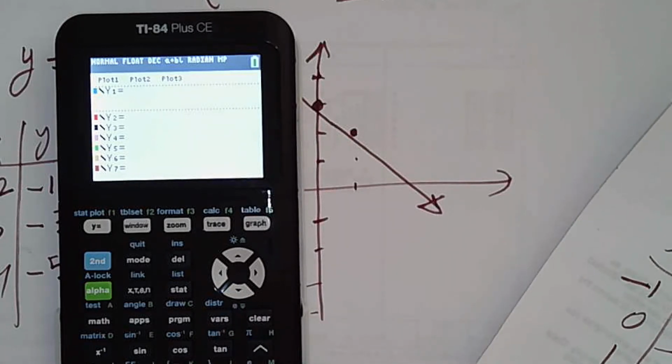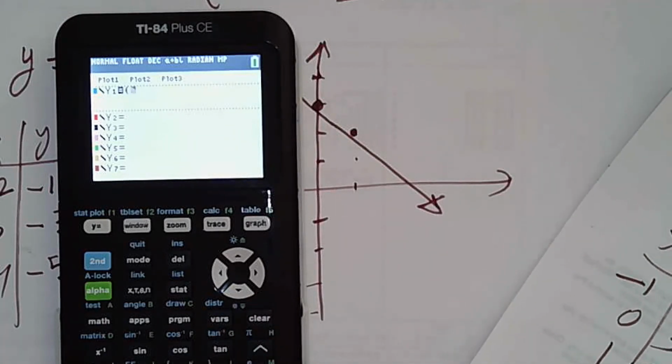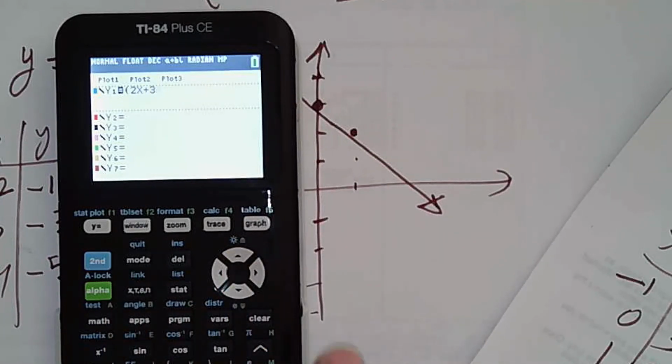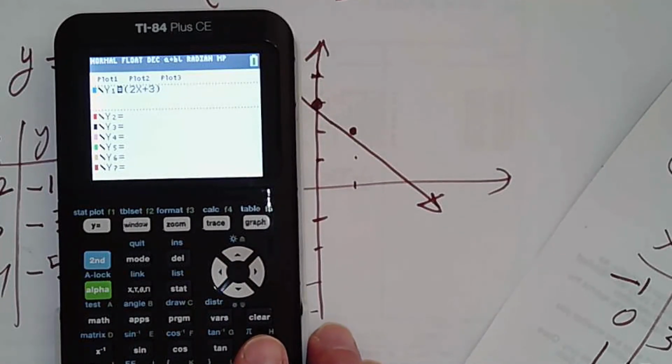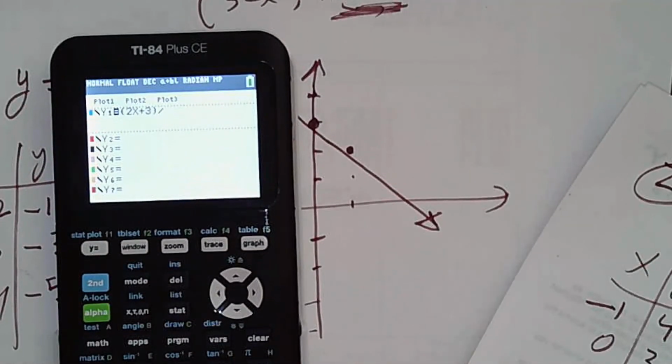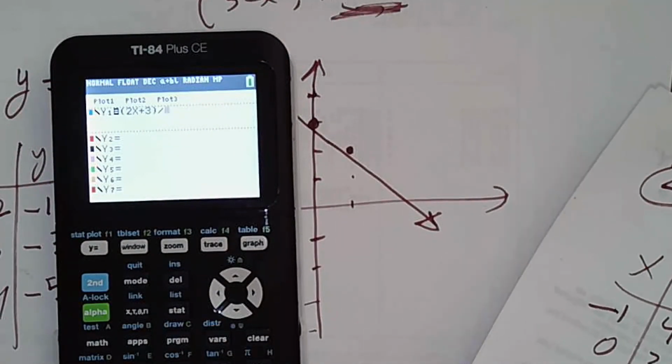It should be in parentheses because we have to do a condition. So we do left parenthesis, 2x plus 3, right parenthesis. Now this calculator doesn't have a keyboard to type F, but you see the division sign right here. That's going to mean if, if you do the division sign. And then the condition is x is less than -1, again in parentheses.